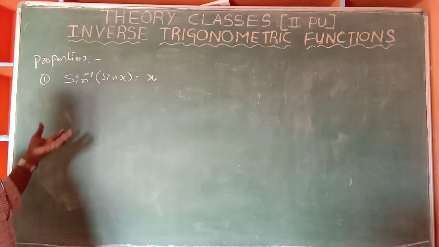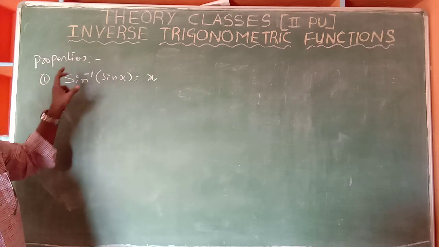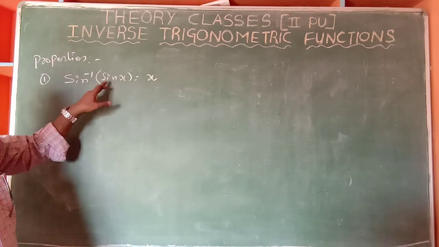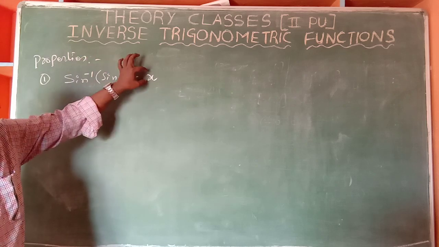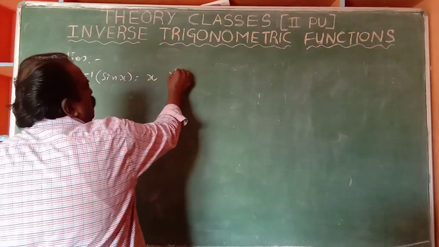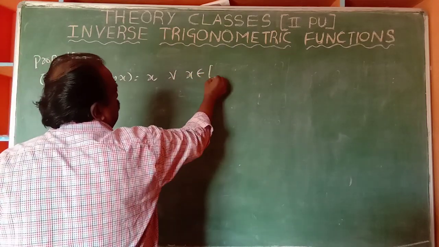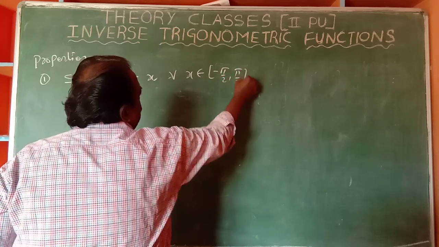Observe me. Sine inverse of sin x. Sine inverse and sine cancel, since this is inverse to this one. We get the same angle x, where x belongs to minus pi by 2 to pi by 2.